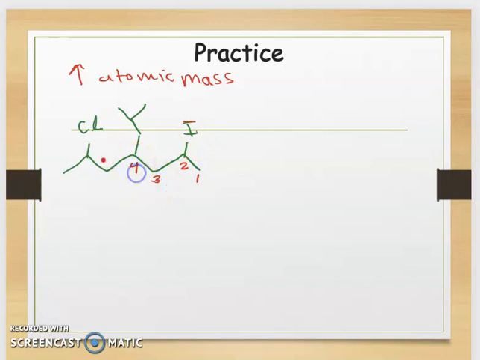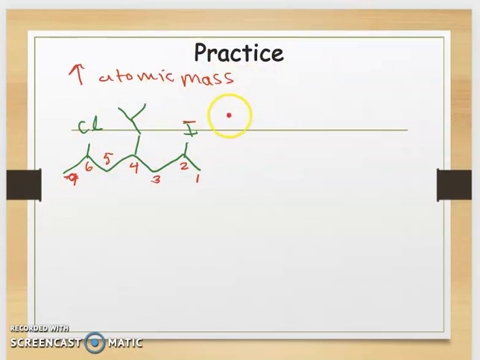Okay, so count your carbons like this. Sorry, this is 6, this is 7. All right, so iodine is our priority because it has a higher atomic mass. So again, you see this because each terminal you will have on the second carbon the halogen. That's why you're going to consider the atomic mass.